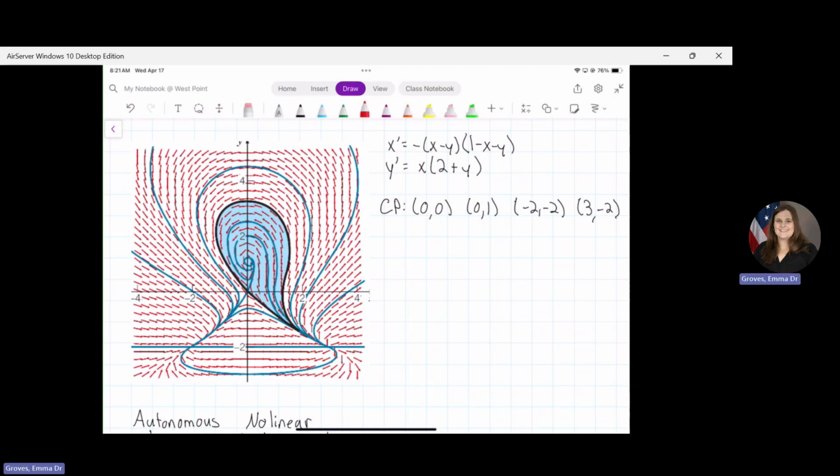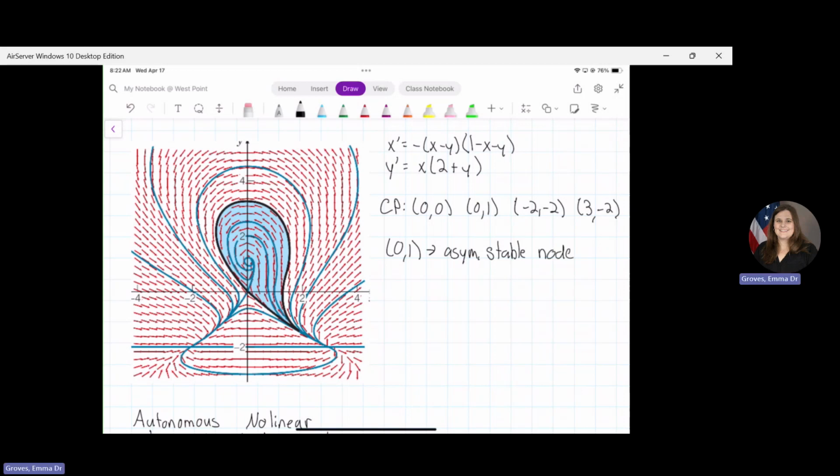It's not going to be a center because you can see those blue lines are actually getting towards it. They are spiraling, but they are actually going to reach the point. So it is a spiral node is what we called it. So we've got 0, 1. This is going to be an asymptotically stable node.